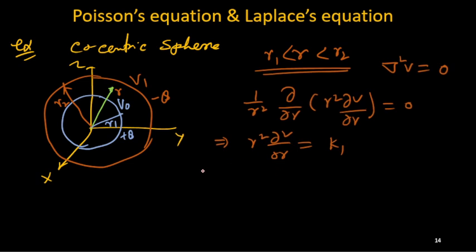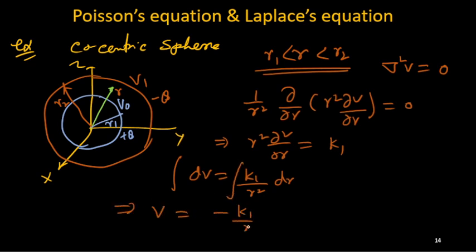So dV equals k1 upon r square into dr. If I integrate both sides, the V expression is minus k1 by r plus k2.